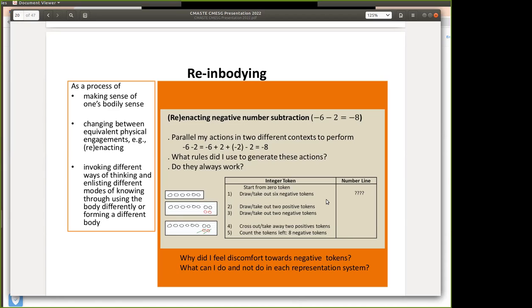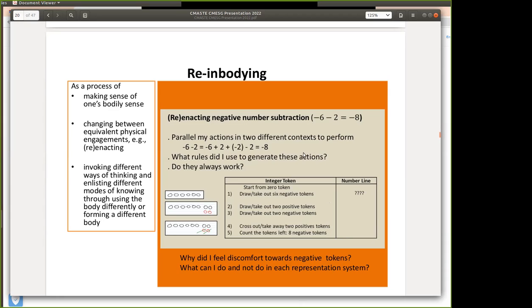So through that, I unpacked my ingrained understanding, and then I relearned my understanding of zero and negative numbers. And through this process, I felt this whole exercise is extremely useful, not only for me as an experienced teacher, but also for student teachers, and can be useful for my students. It's also through this process that I understand how my students might struggle with negative numbers.